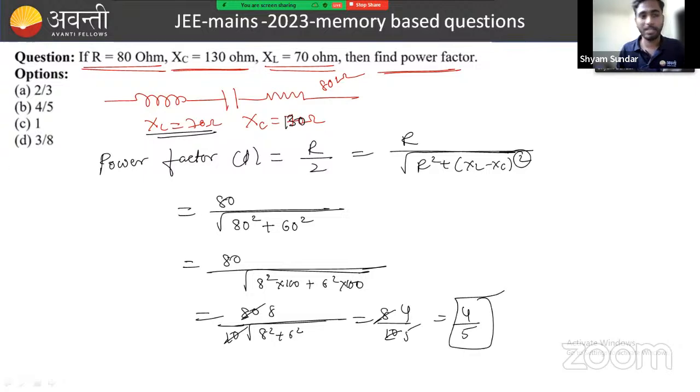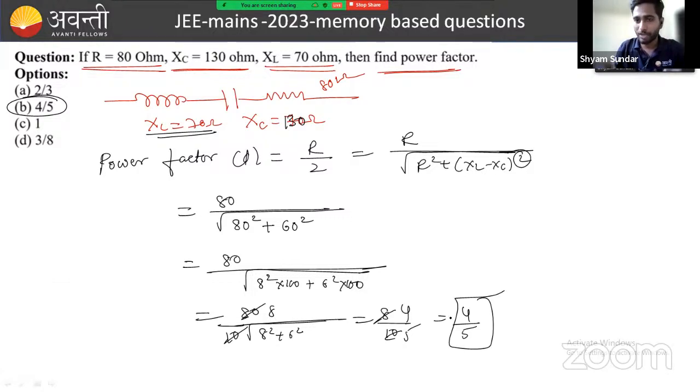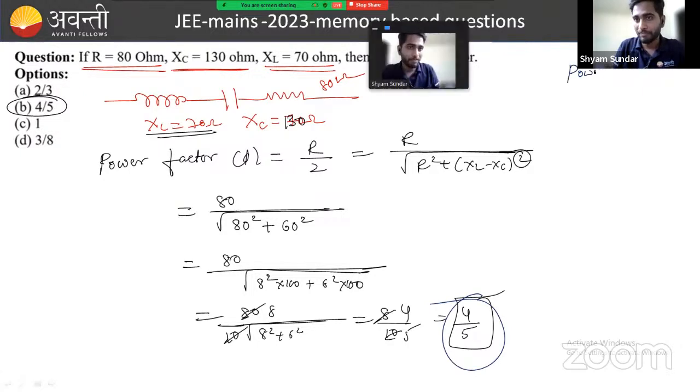Look here, they gave the value of the power factor as 4 by 5. I will tell you one more further calculation process also here, because next time they might ask like this. The power factor value they gave is 4 by 5.